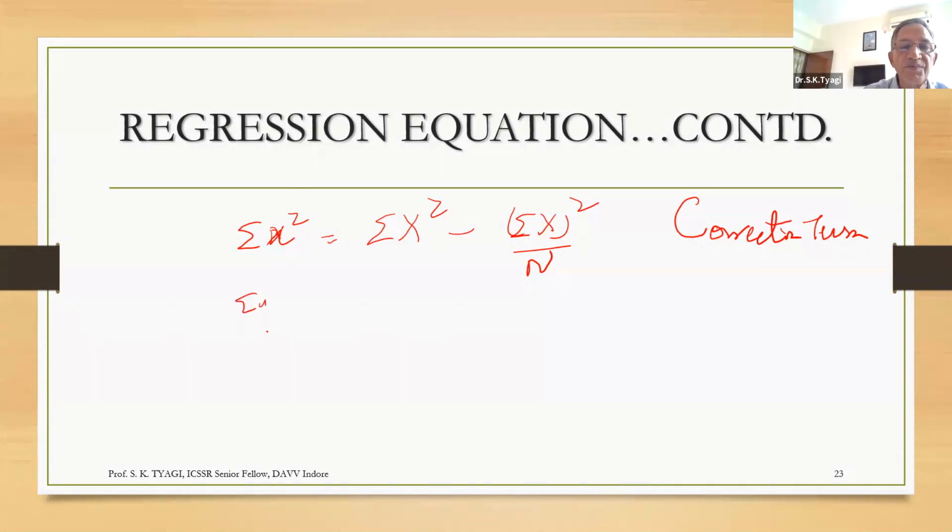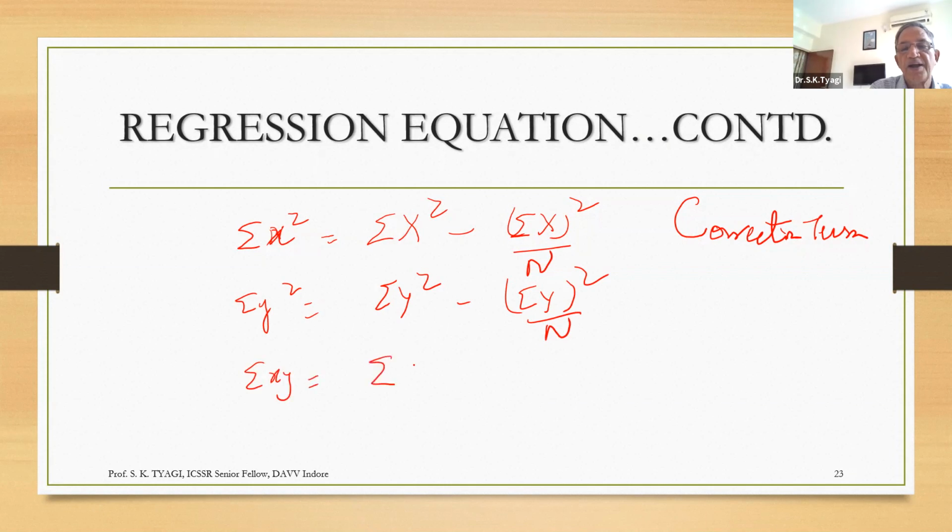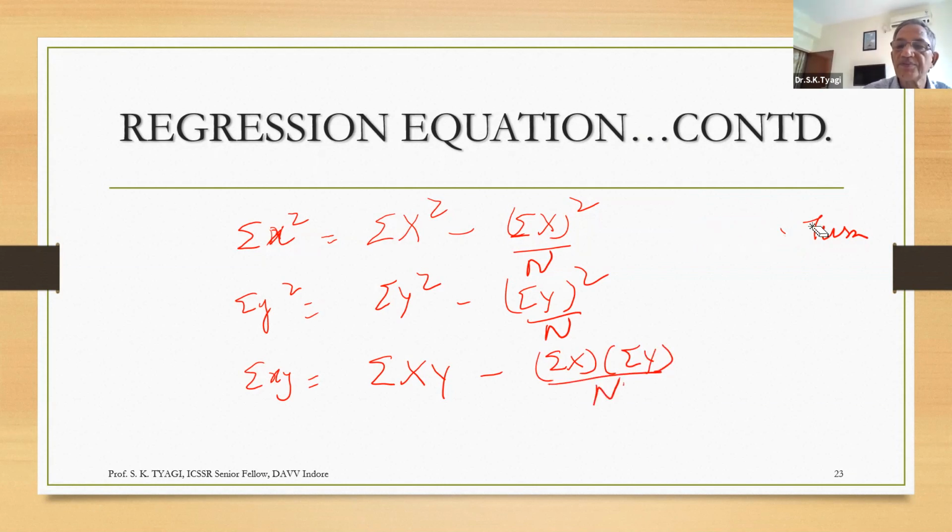Similarly, for y it is sigma y square minus sigma y whole square upon n. And if you calculate sigma xy, then it is sigma xy minus the correction term, sigma x into sigma y upon n. So this is the formula which we will be using this time.